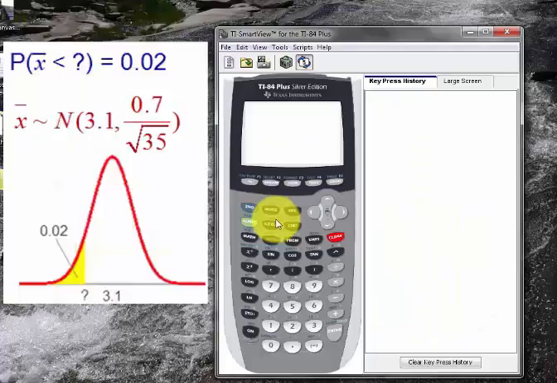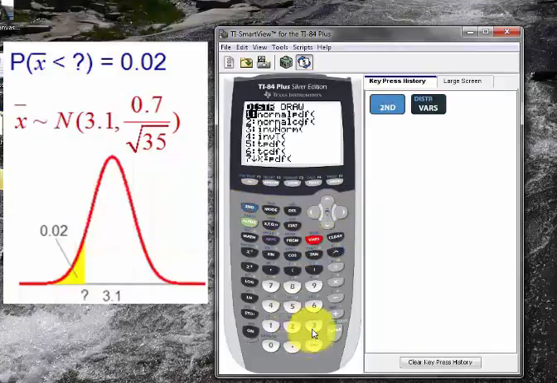Let's go to our calculator. Okay, so here's our calculator. I go to second distribution, and I hit 3 for inv norm.